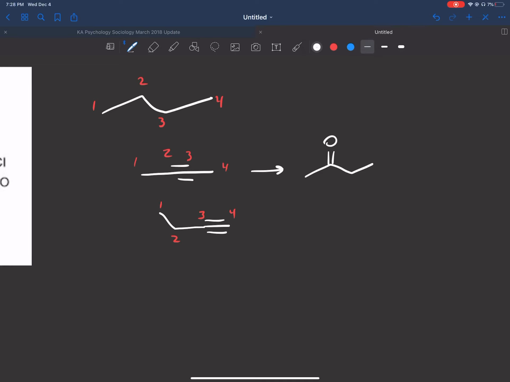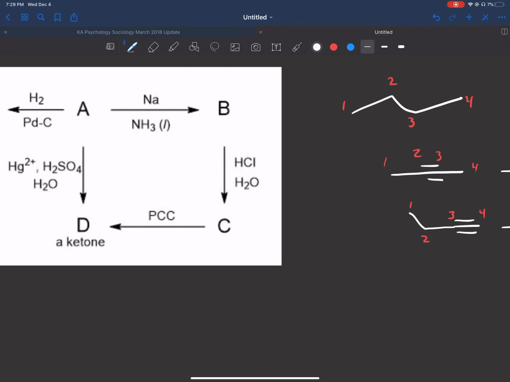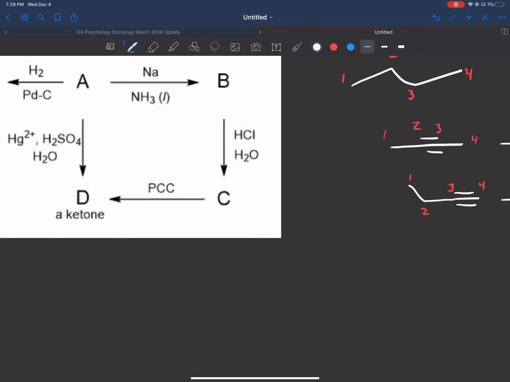They're the same, it's symmetrical. If we did it on this compound, we'd get it on carbon 3. Here's 1, 2, 3, 4. Both of these are ketones, so this doesn't help us narrow it down.